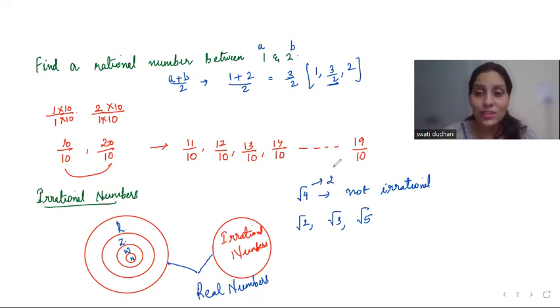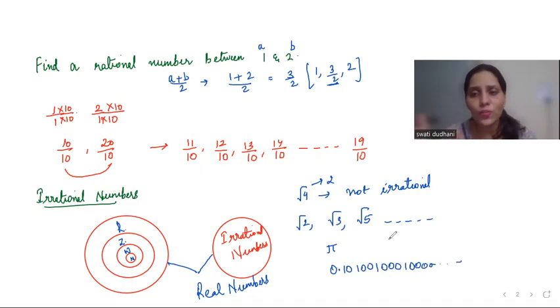So 2 is a rational number, so it cannot be irrational. So all the roots which are not perfect squares are irrational, including pi, and numbers like 0.10, 100, 1000, 10000, which do not follow any pattern. All these are irrational numbers.